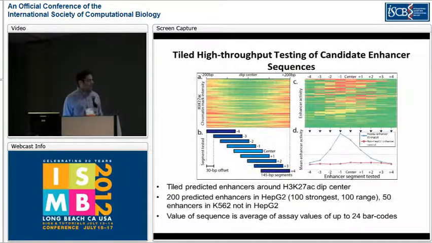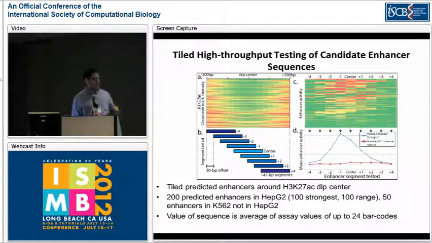So the specific design we have here: we took our enhancer calls, several hundred of them, and we tiled them, walking 30 base pairs from the center of the dip of the histone modification. We had 4 sequences to the left and 4 sequences to the right.